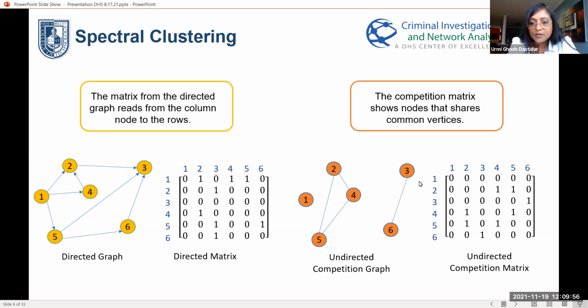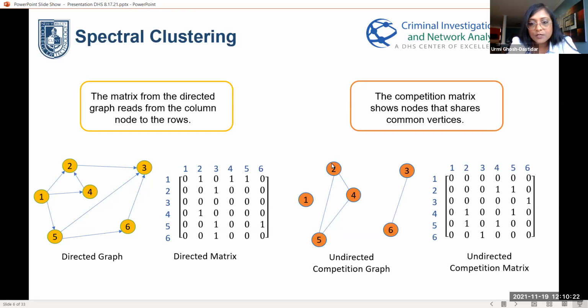This is the undirected graph. It is called the competition matrix. I believe we did it from the same graph here, so we developed the undirected graph from the directed graph. If you look here, 2 and 4 share the same node 1, which means they are both getting information from actor 1.